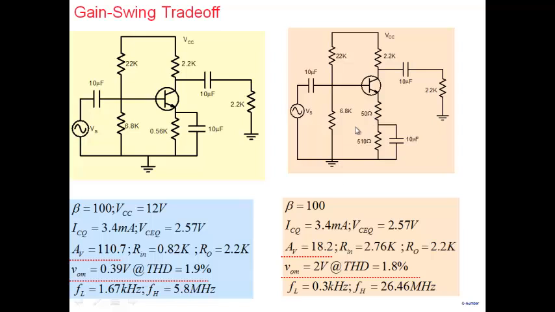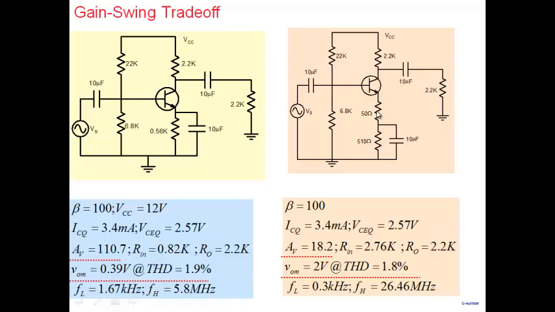Okay. The other point that I want to say is, if you're really looking for a good swing, if swing is your interest, this is not a suitable stage. A simple common emitter amplifier is not a good stage here, as you can see from these numbers. But look at these numbers here. So the common emitter amplifier with emitter degeneration resistance, another term for this particular amplifier, with an emitter unbypassed resistor here.